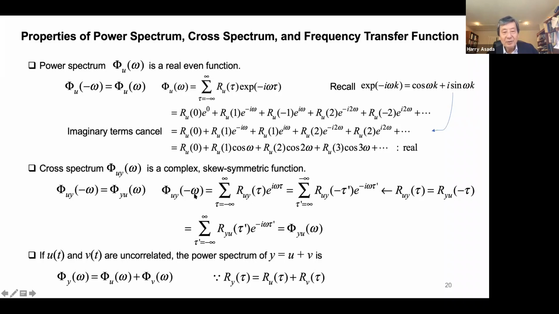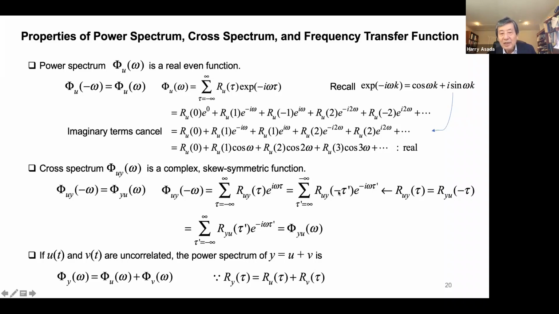I put in minus omega. Here the exponential part is not minus i omega tau but plus i omega tau, because the double negative becomes a positive. Now I replace tau by minus tau prime, just to change the sign over here, and you get this expression.